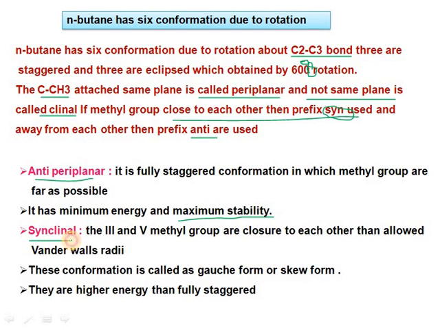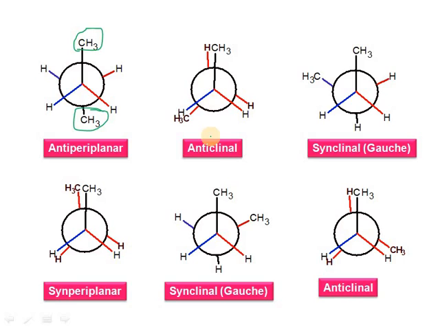Now we have discussed synclinal, the structures third and fifth. These synclinal structures are gauche conformations. These methyl groups are near to each other in the staggered conformation.